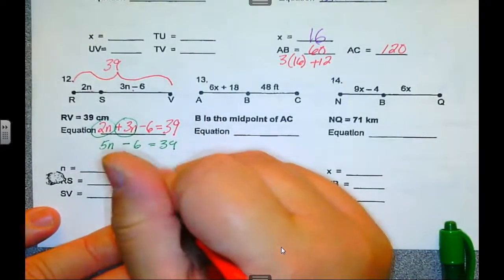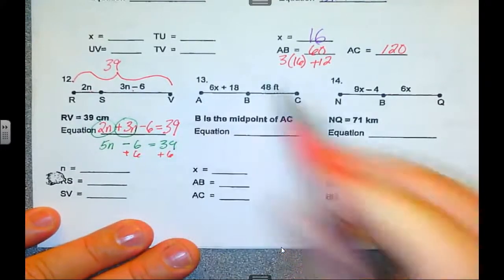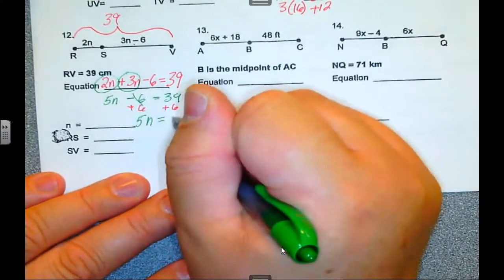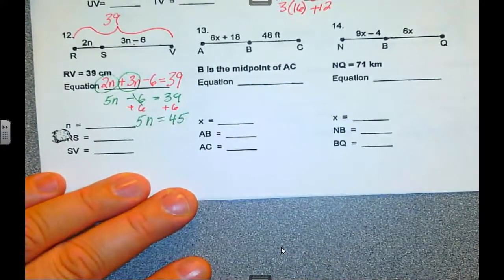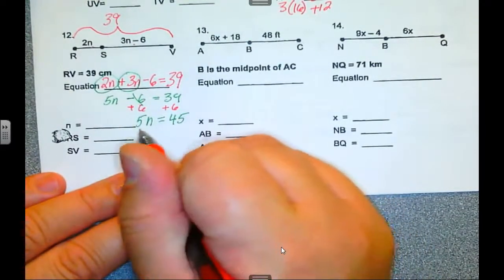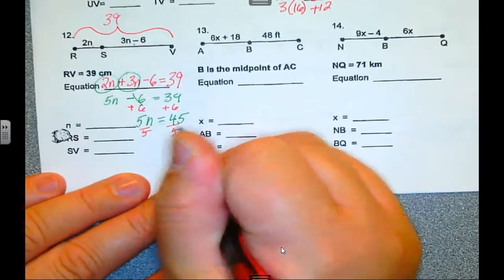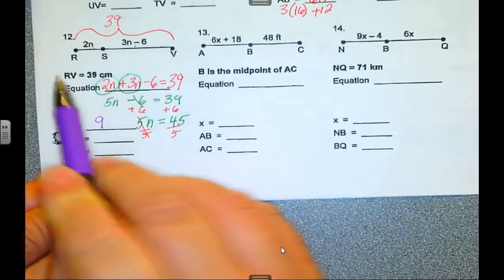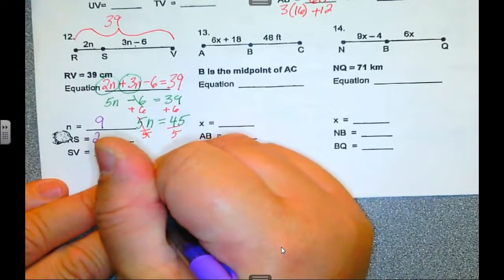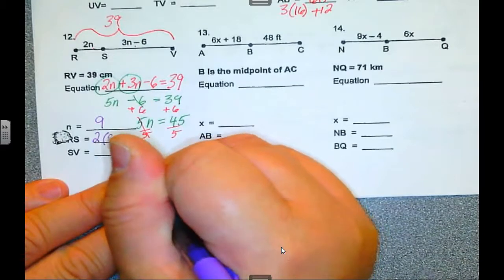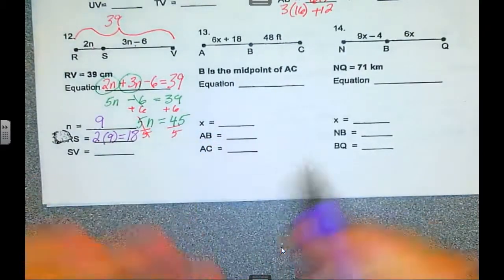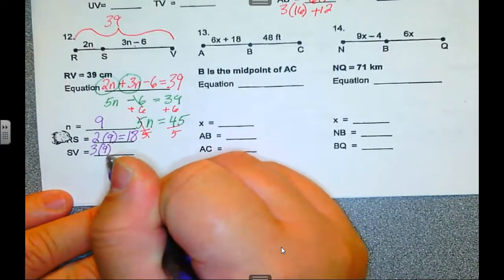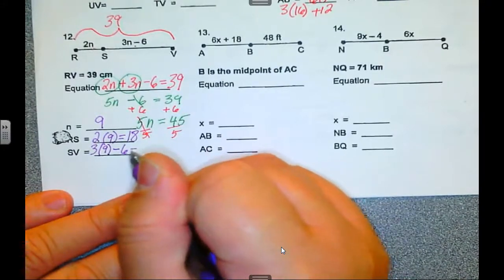Add 6 to both sides. I get 5n equals 45. Divide both sides by the coefficient 5. So n is going to equal 9. RS is 2 times n, which is 9, or 18. And SV, 3 times 9 is 27 minus 6, it's going to be 21.